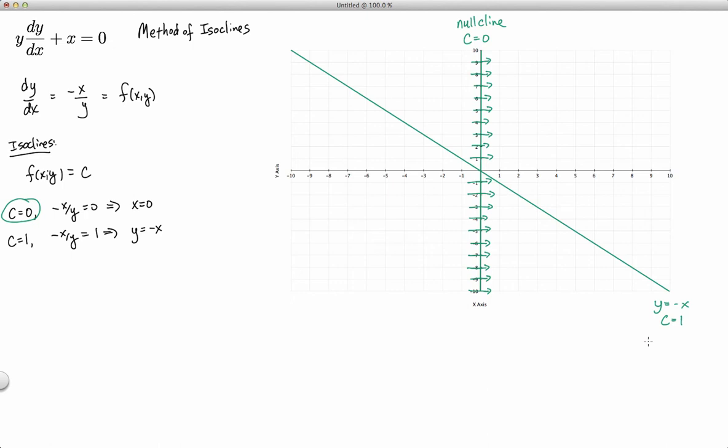You know that along the line, things in the slope field have slope 1, though. So for slope 1, I just want to draw in line elements that are at least somewhat close to having slope 1. So something like this. And I'll space these out a little bit more. So everything along this line has slope 1.